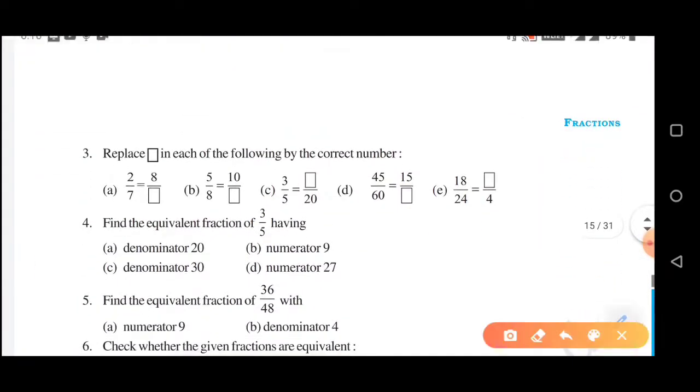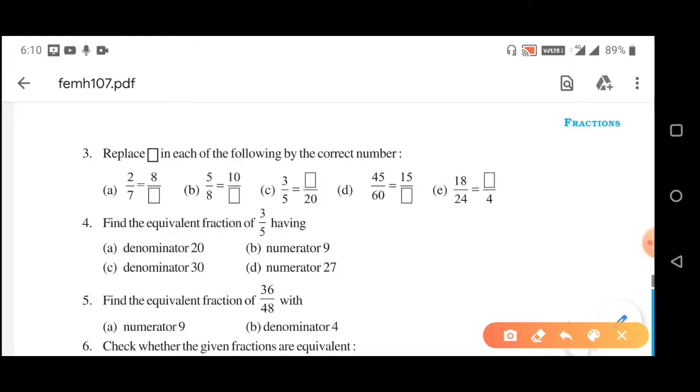Question number 3: replace the box in each of the following by the correct number. So see, the first one is 2 by 7, and here it is written 8 by the blank space. So from 2, how will we get 8? 8 is greater than 2.